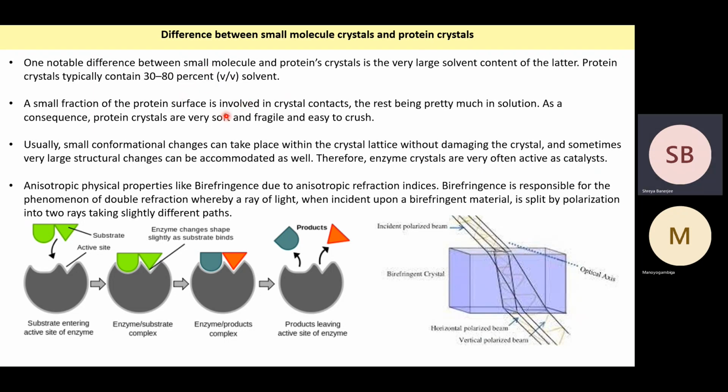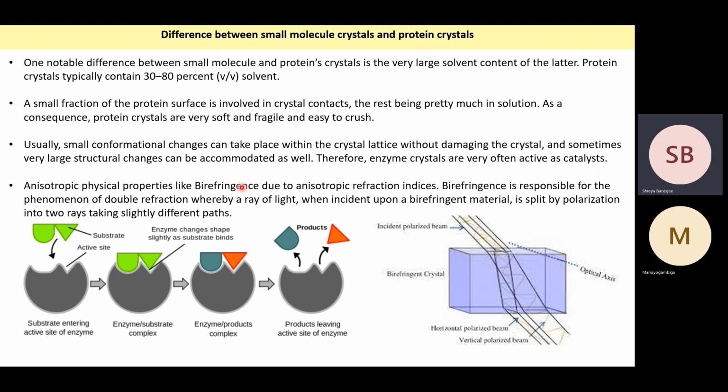Now, because of this, the protein crystals are very soft and fragile and easy to crush. Because in the crystal, the crystal contacts which stabilize it are very low. Because of the high solvent content, most of the protein surface is in contact with solution. So it is very easy to crush.